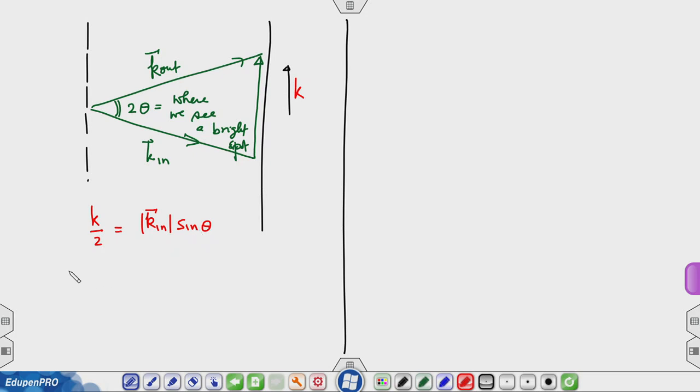Now, k is such that k d by 2 equals n pi. So, this equation implies that n pi by 2 is equal to, k is nothing but 2 pi over lambda sin theta.